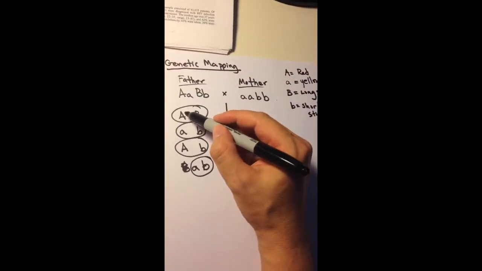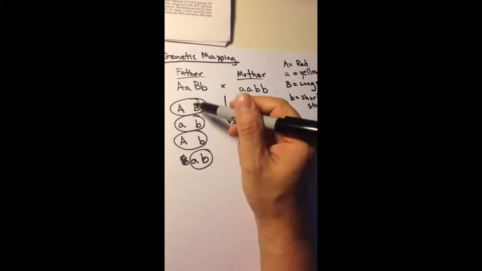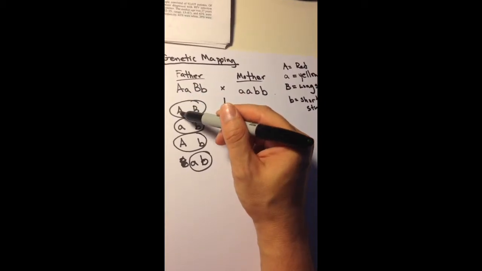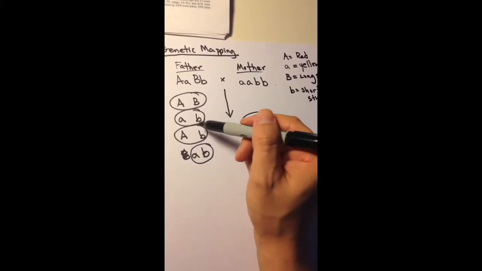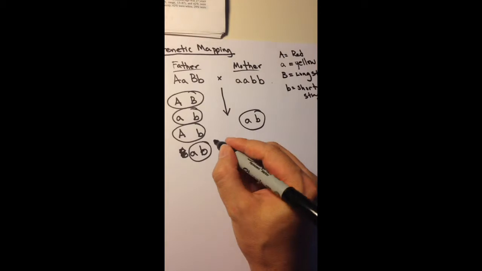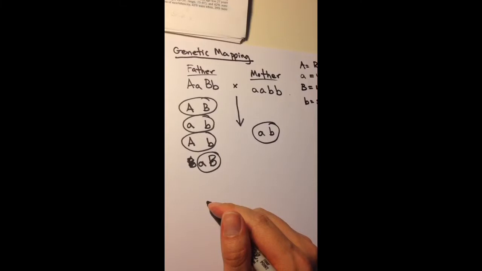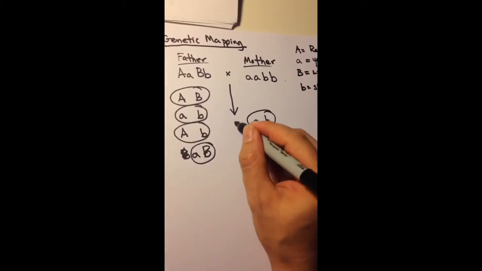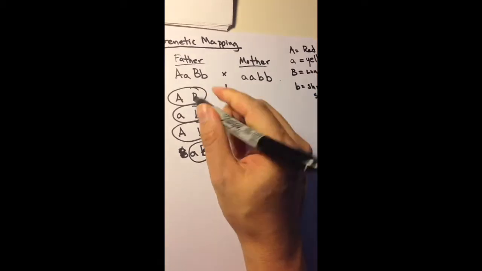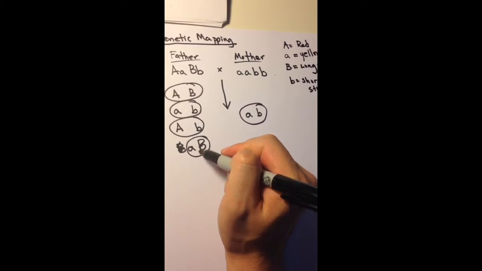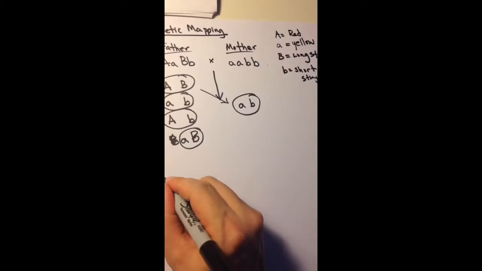So the father has a 50% chance for each gene of giving an allele. There's a 50% chance that he's going to give the dominant allele, and a 50% chance that he's going to give the recessive allele, and so on. So there are 4 different combinations, with a 25% chance that the father is going to give each of these gametes. Let's say the father gives this gamete.